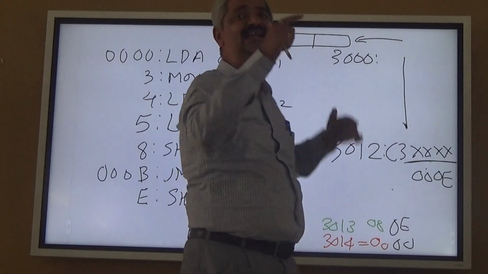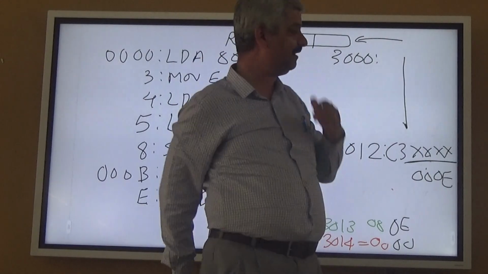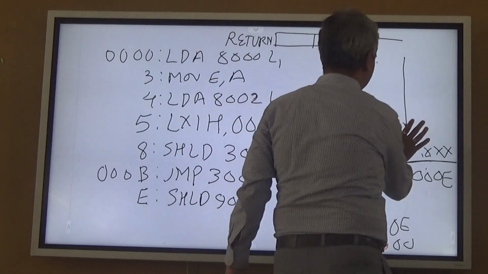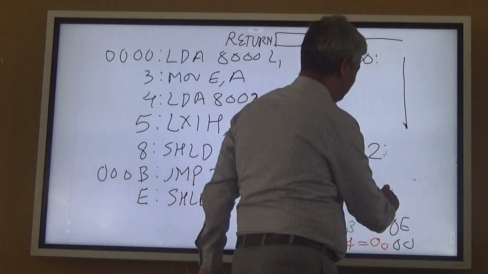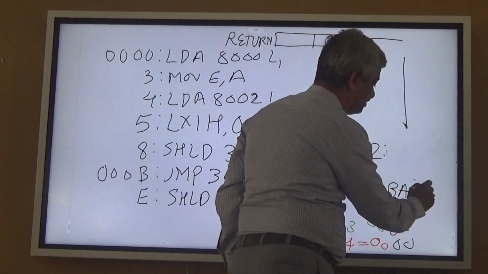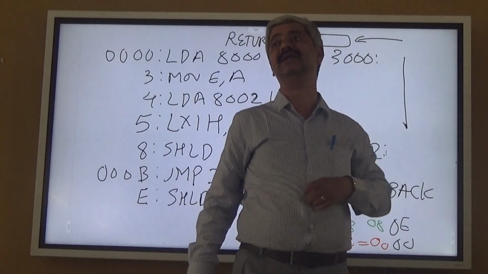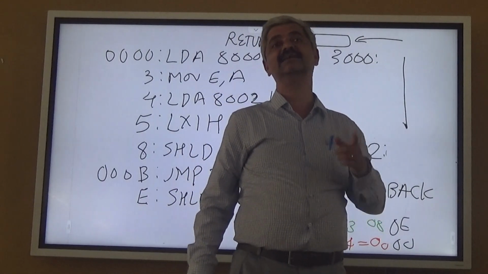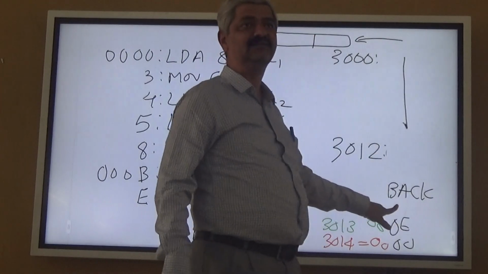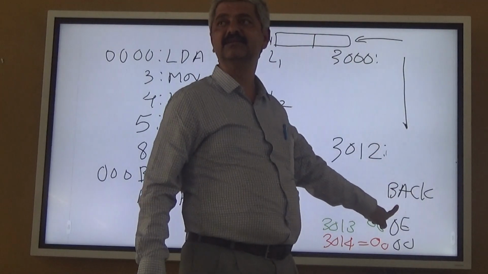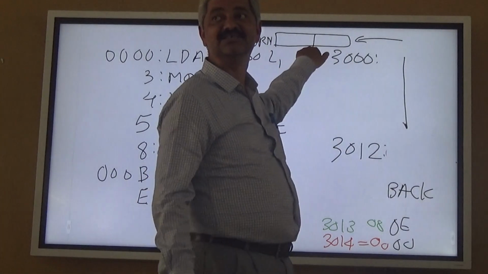So I will provide an additional register, and there is another pseudo instruction, BACK. What is the BACK instruction? The BACK instruction provides an indirect branch: it will make the program counter equal to the return register.